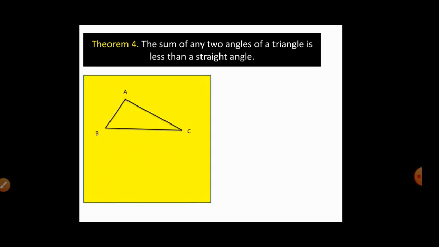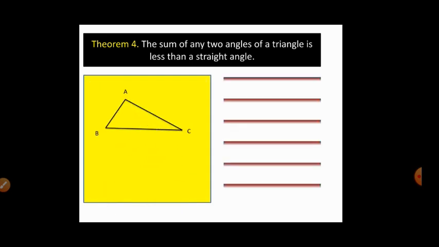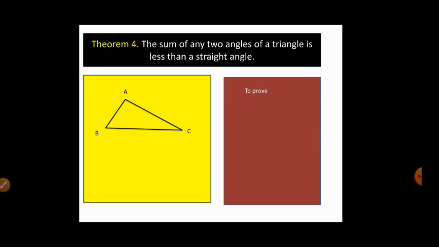Now consider this triangle ABC. So we have to prove either angle B plus angle C less than 180 degrees, or angle C plus angle A less than 180 degrees, or angle A plus angle B less than 180 degrees.